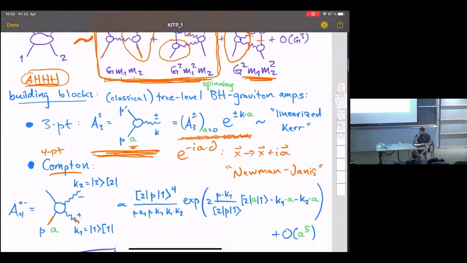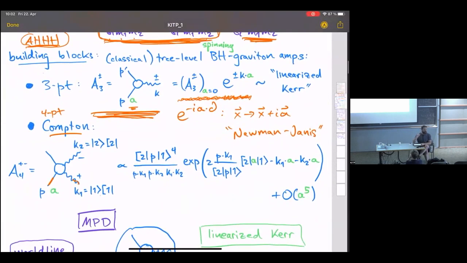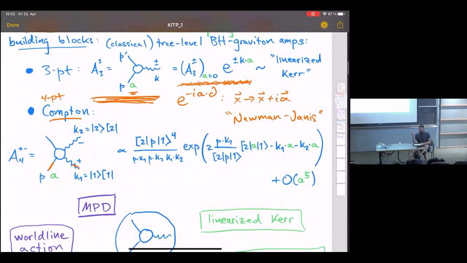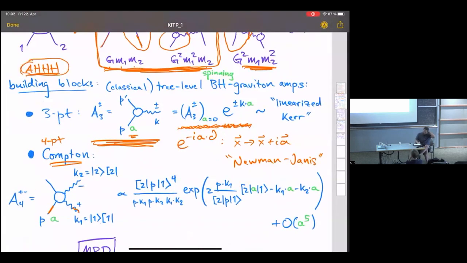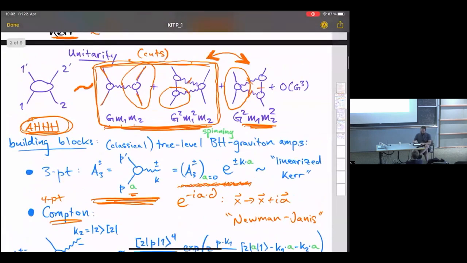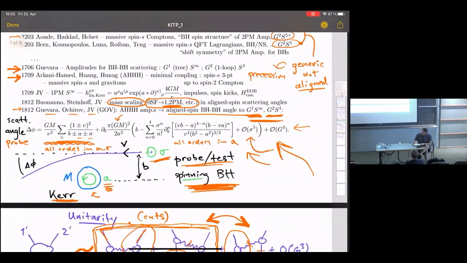In the meantime, that second building block for building unitarity cuts to describe black hole processes is this Compton amplitude, which was also discussed. The 3-point amplitude in this original paper by Nima et al. was understood for massive arbitrary spin quantum particles meeting a graviton.